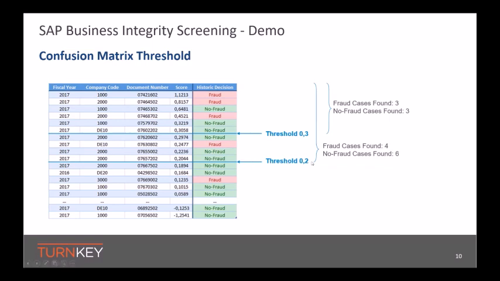So you can see if we have the threshold at 0.2, we have 4 fraud cases that are found, and 6 non-fraud cases. If we go to the other example, with a higher threshold, above it we have 3 non-fraud cases and 3 fraud cases. So it's basically setting the threshold to find the right combination of missing some fraud cases and reducing the number of non-fraud cases.